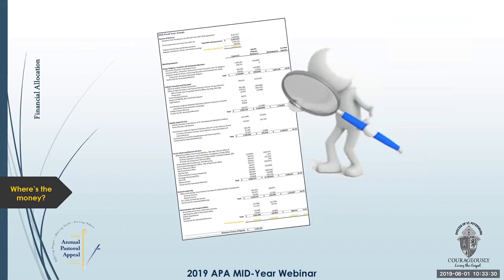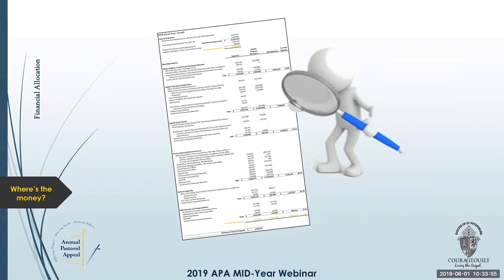Now, here's another important resource. How many times have you gotten the question that says, where does the money go? Well, here it is. Have you used this resource in your bulletin or to let your parishioners know where the money goes? Or do you just let them assume where the money might be going?